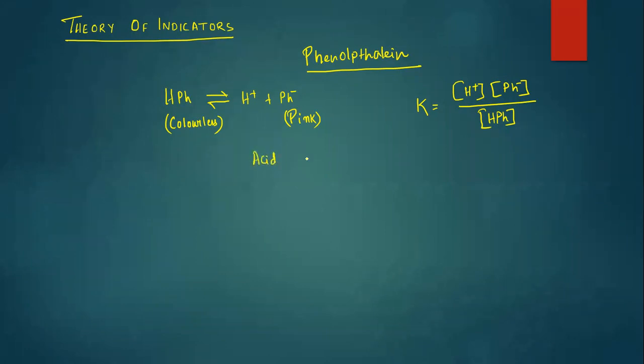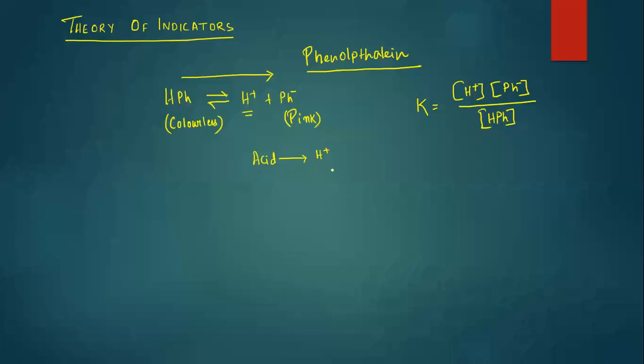Acid will give H+. So this phenolphthalein solution will give more pinkish color if this reaction proceeds in forward direction.